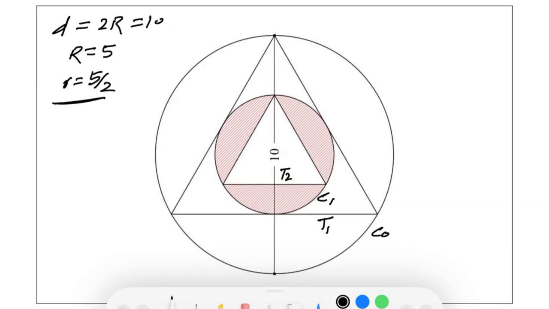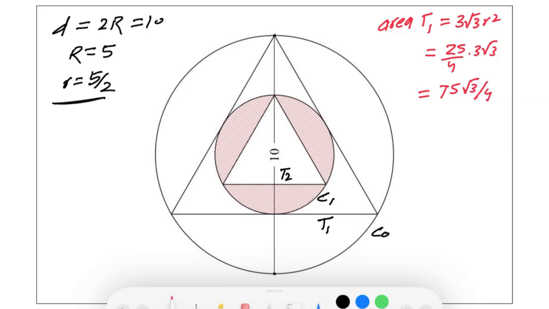Now from here what do we get? Area T1 equals to 3 root 3 r square, and therefore small r square, remember this is going to be 25 by 4 multiplied with 3 root 3, that is nothing but 75 root 3 by 4.